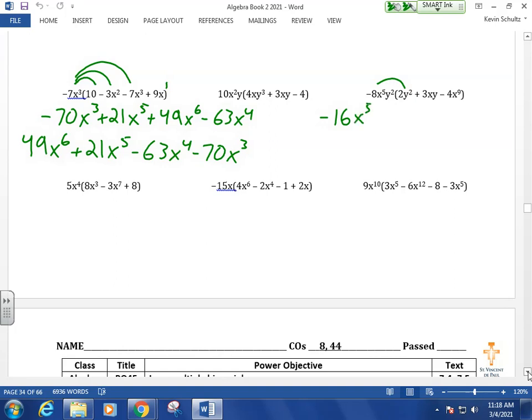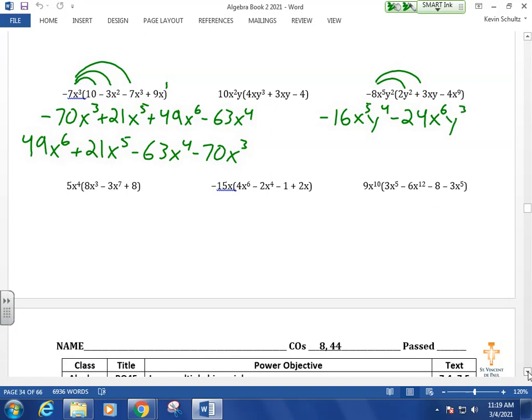Then we have y squared times y squared, which is a total of y to the 4th. 2 plus 2. Then we go to our 3xy. So we have negative 8 times 3, which is negative 24. And then x to the 5th times x is x to the 6th. And y squared times y is y cubed.